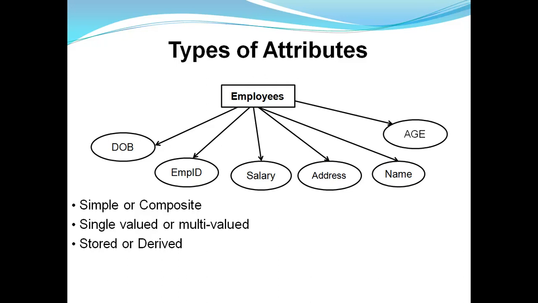Now, what could be the simple here? Simple is always shown in a single oval. Composite. What could be the composite here? Can we say the name? Name is a combination of first name and last name, or we can say a combination of first name, middle name, and last name.